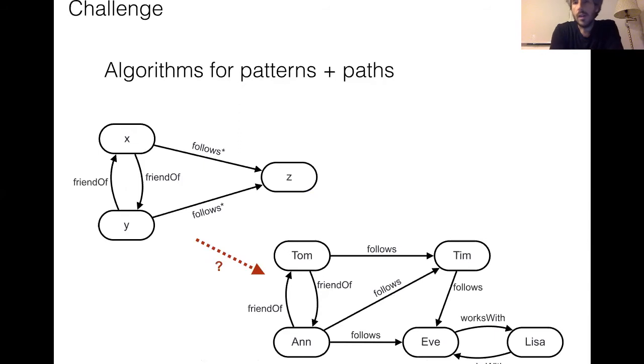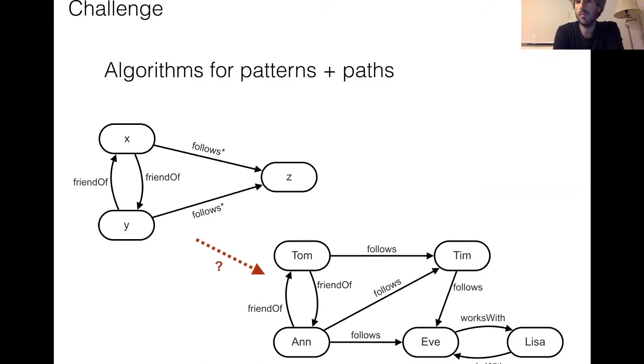And for another challenge, now when you start putting paths into this, now this is really getting into unknown territories. So in previous work, we have surveyed that traditional systems, they don't work very well with these sort of queries. Even the most modern ones, they suffer.